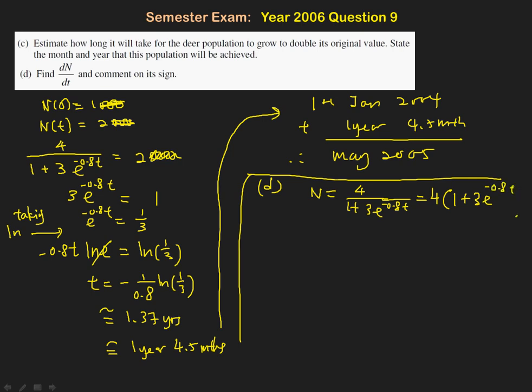It's to the power of -1, and so dN/dt is -4 times (1 plus 3e to the power of -0.8t) to the power of -2. Using the chain rule, I will have -2.4 e to the power of this, right?